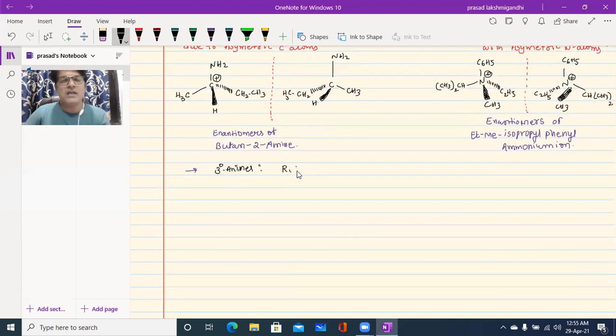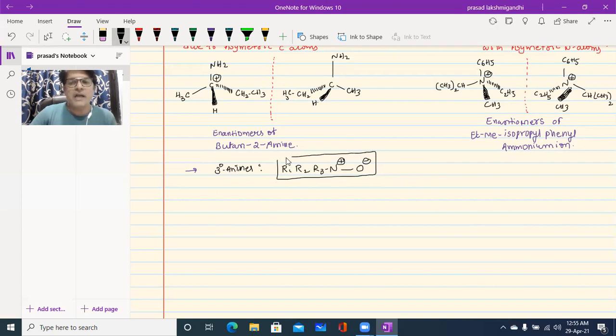So R1, R2, R3, nitrogen plus, attached with oxygen minus. This one also shows optical activity.